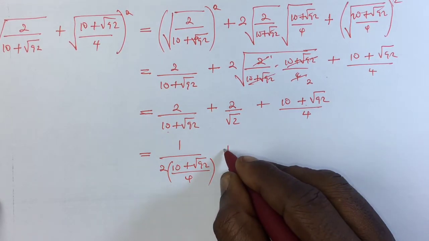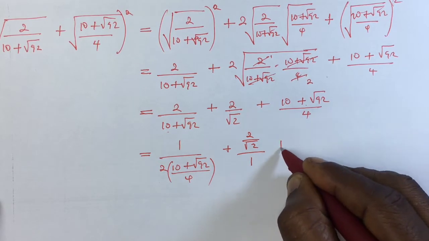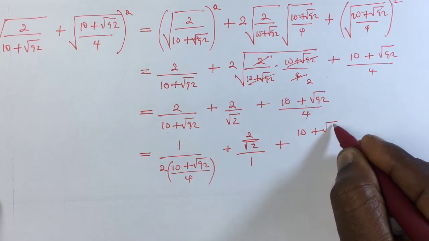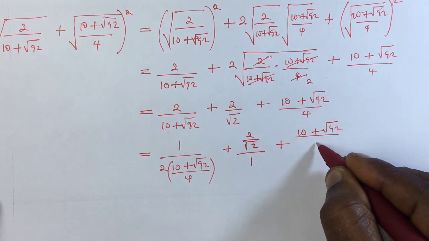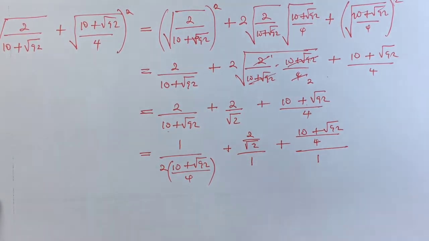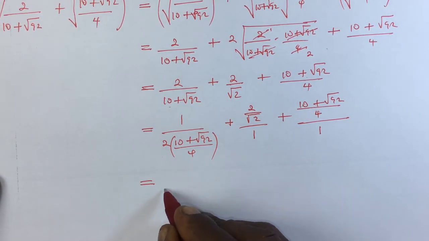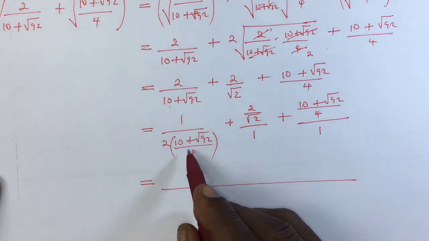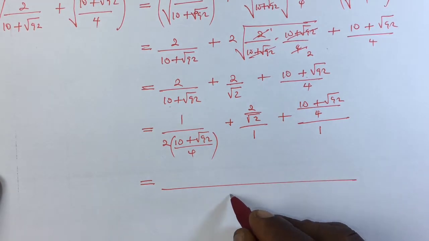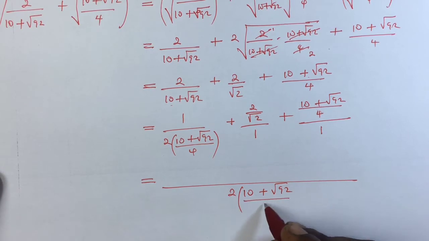Okay, so this will be 2 over root 2 all over 1 plus 10 plus root 92 all over 4 all over 1. So now the next thing I'm going to do is to take the LCM. When you take the LCM of this 1 and 1, you will end up having 2 in bracket 10 plus root 92 all over 4.